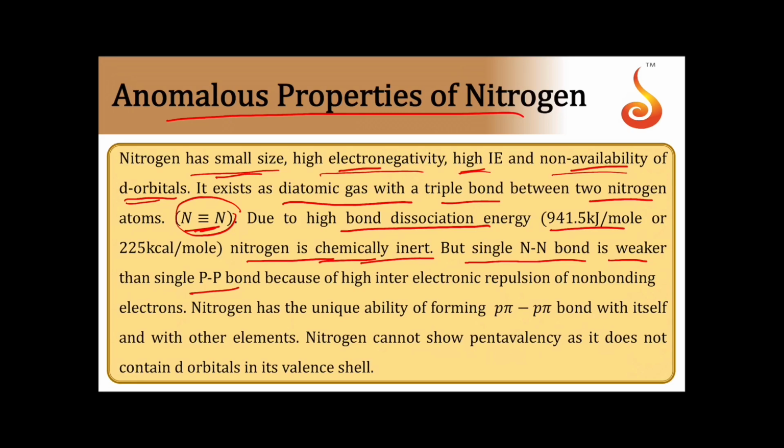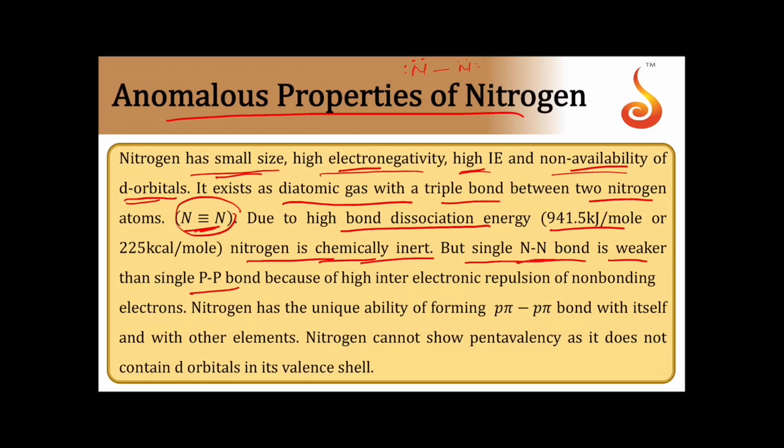Nitrogen is small in size, so when two nitrogen atoms form a single bond, the non-bonding pairs present come close to each other and undergo repulsions. The repulsive force decreases the bond strength.